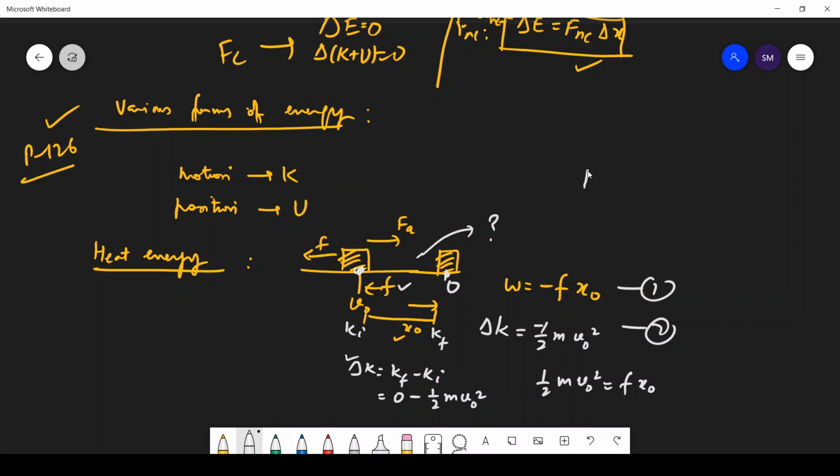If I am throwing a ball upwards, the ball also comes to a halt at the top, and then it will come down. Here I had kinetic energy, but here we are talking about the gravitational force, which is a conservative force. So this whole kinetic energy was converted into potential energy. But here also the kinetic energy was there, and it comes to a halt.